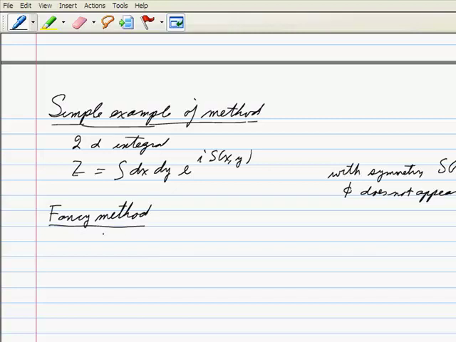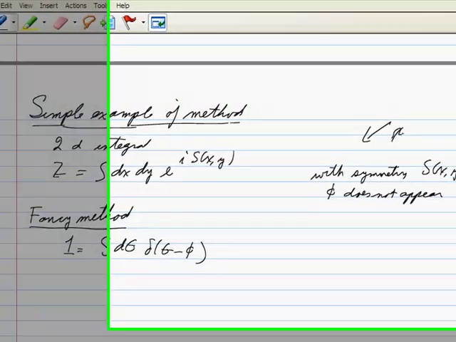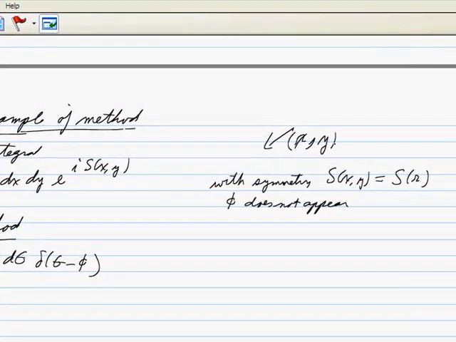I'm going to insert 1 is the integral d theta of delta of theta minus phi. So my variables here, I'm going to take x and y and change them into r and phi. So for any phi that we're integrating over, I can do this.